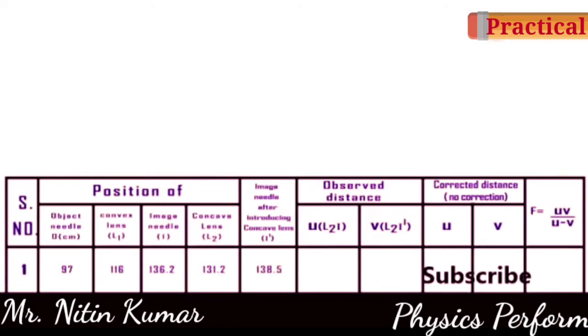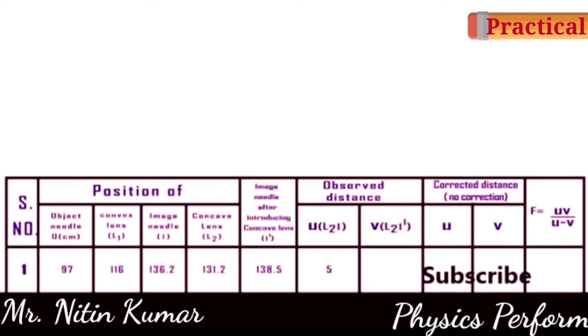Observed distance U is L2I, which is the distance between the concave lens upright and the previous position of the image needle upright in the first arrangement. L2 minus I is equal to 5.